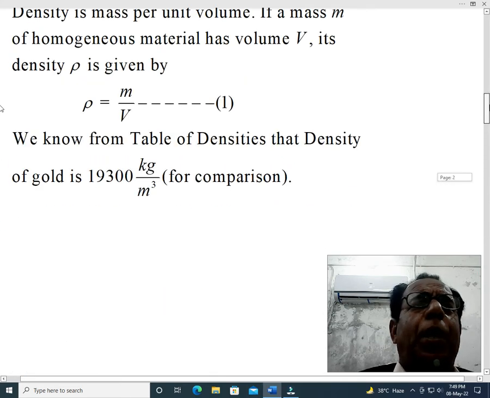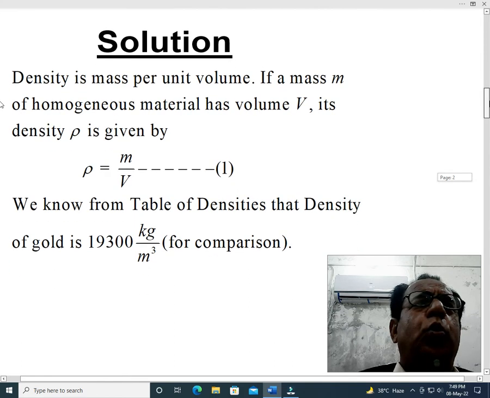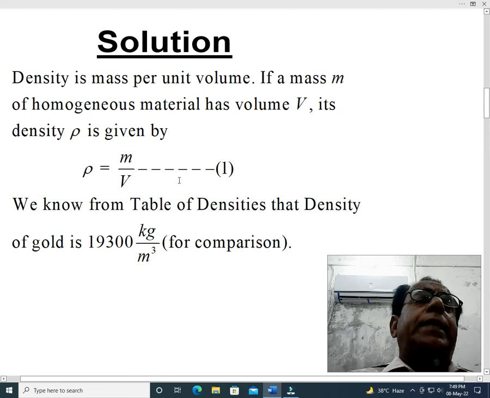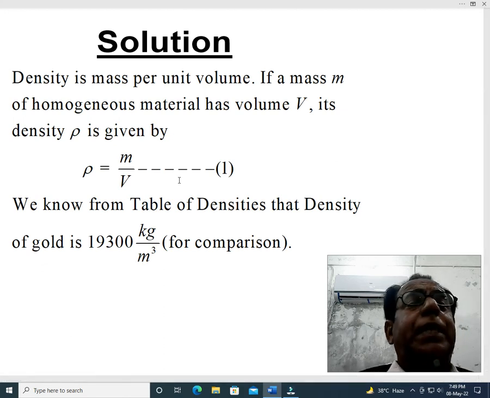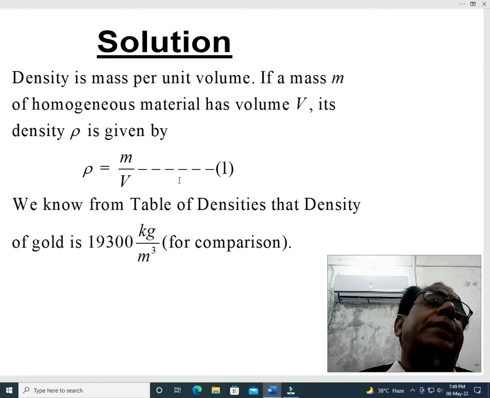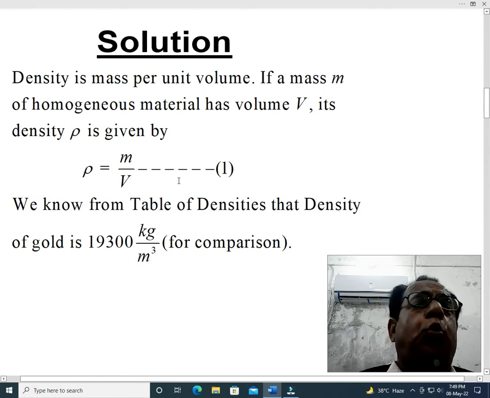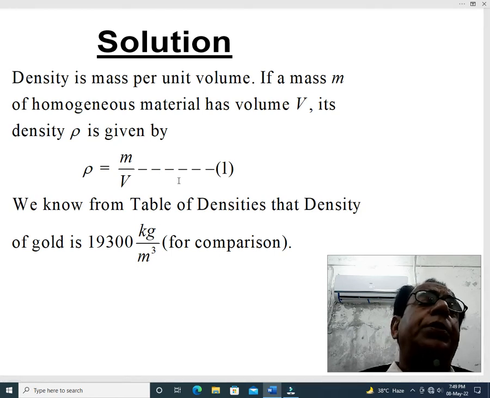So now we move towards the solution. We start our solution in the same manner as we have done with previous problems. That is to say, first we define density. Density is mass per unit volume. If a mass m of homogeneous material has volume V, its density rho is given by rho is equal to m over V, equation number 1.